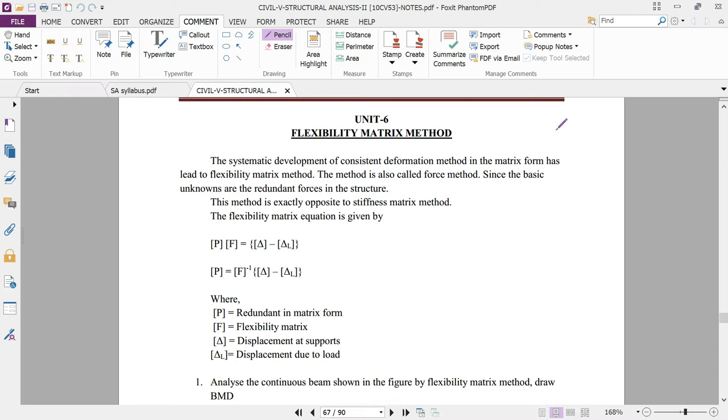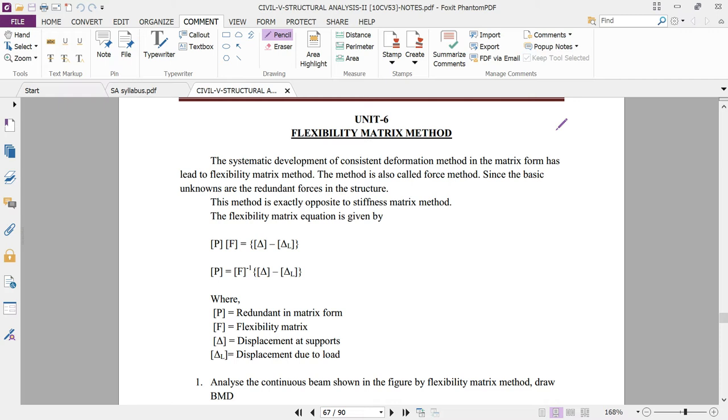Under this we will see indeterminate beams and how to analyze them, and how to get the bending moment and shear force as per the force method, or simply called the flexibility matrix method. Okay, so let us start with the theoretical background of the flexibility matrix method.